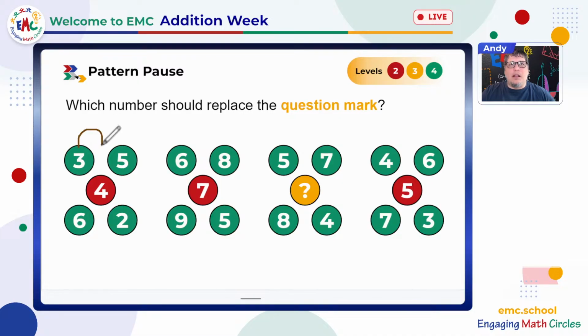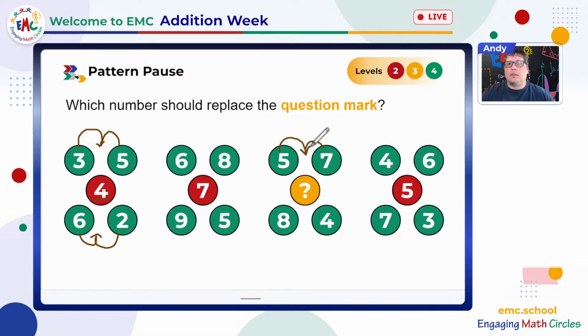What's in the middle of 3 and 5? Four. What's in the middle of 6 and 2? Also 4. So it looks like our pattern is what's in the middle. So what's in the middle of 5 and 7?